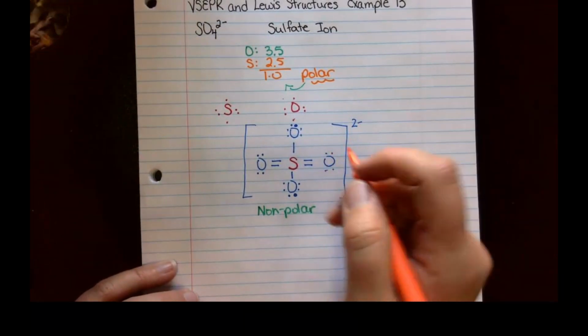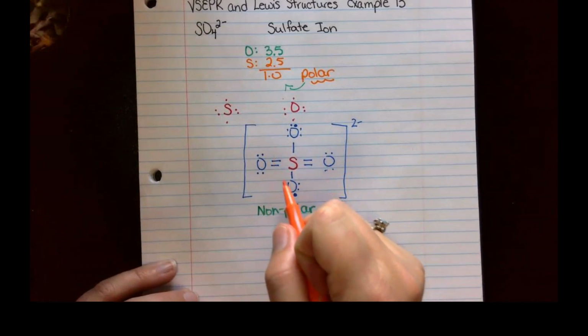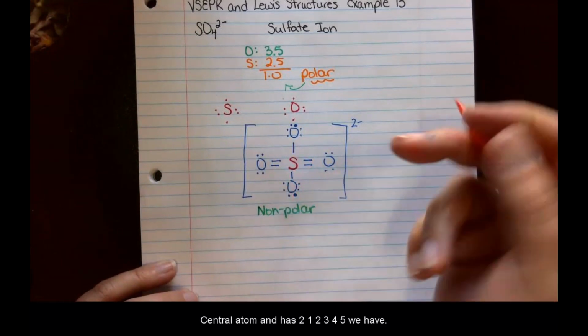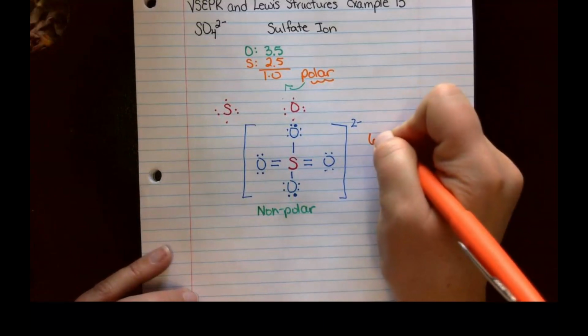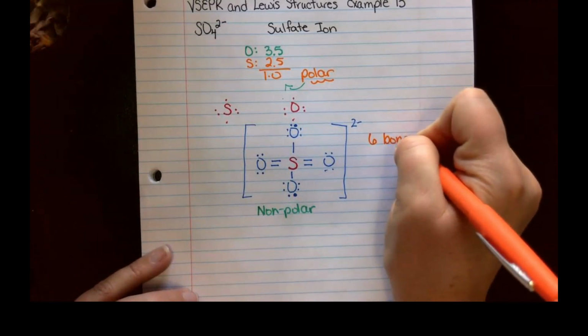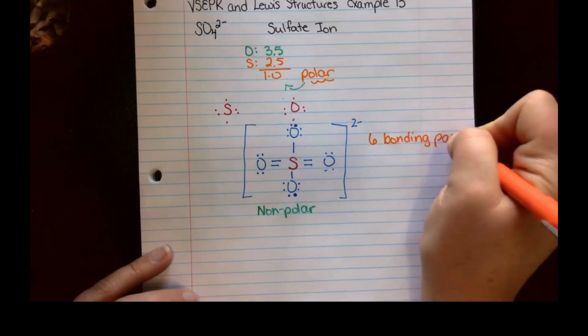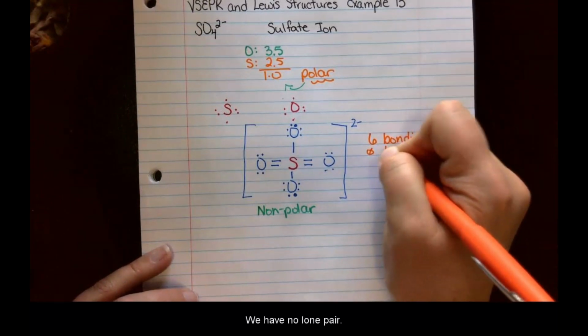We're going to have sulfur as our central atom, and it has 1, 2, 3, 4, 5, 6 bonding pairs. We have no lone pairs.